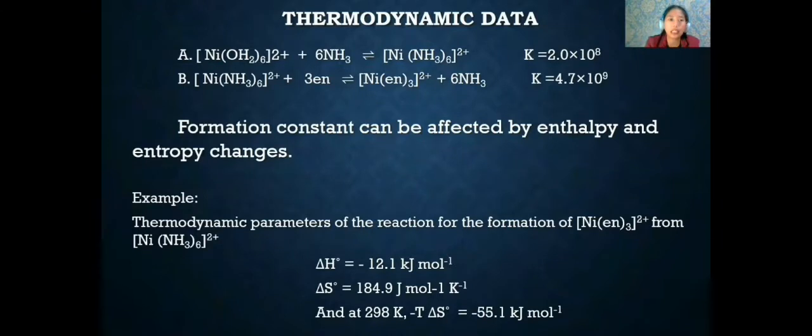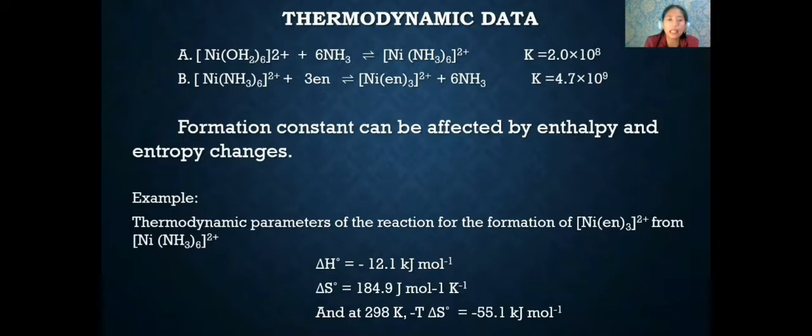Another example here is reaction A and reaction B. As you can see, we have the formation constant of reaction A, which is the ligand ammonia, and the formation constant of reaction B for ethylenediamine. Reaction B has a higher formation constant.